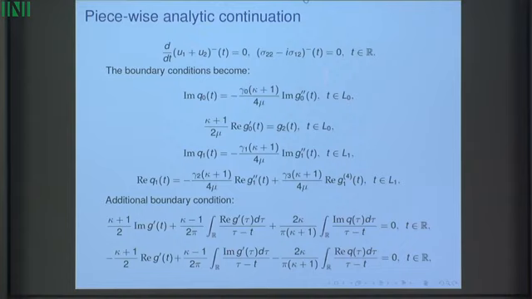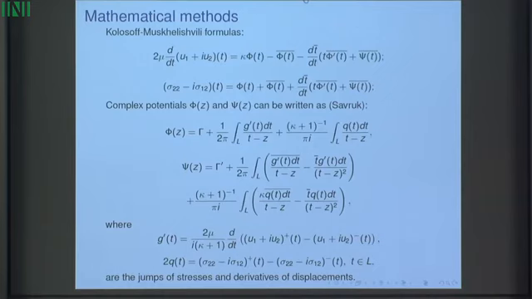Now, what does that give me? If I go back and look over here, this thing is 0, this thing is 0, so my g prime and q are just the values of derivatives of displacements on the upper contour or values of stresses on the upper contour.